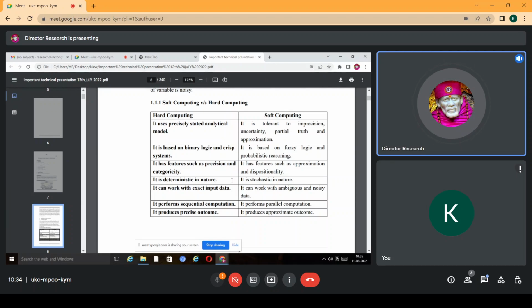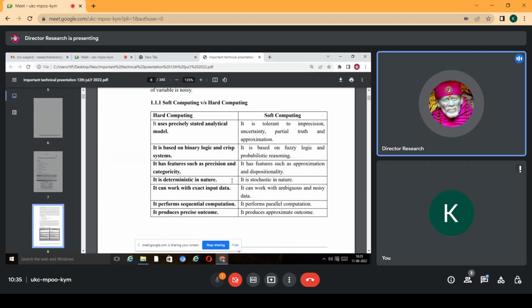Hard computing is based on binary logic and crisp systems, whereas soft computing is based on fuzzy logic and probabilistic reasoning. Hard computing has the features of precision and categoricity, but soft computing has the features of approximation and dispositionality.